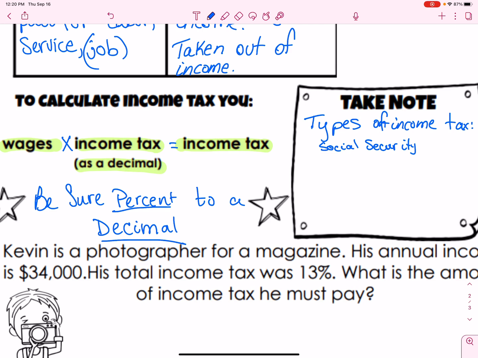They also take out Medicare. Again, that's the health insurance for the elderly. And they take out your federal withholding. That is the United States government keeps a portion to help run the government.